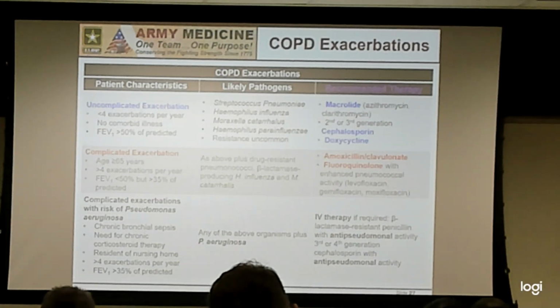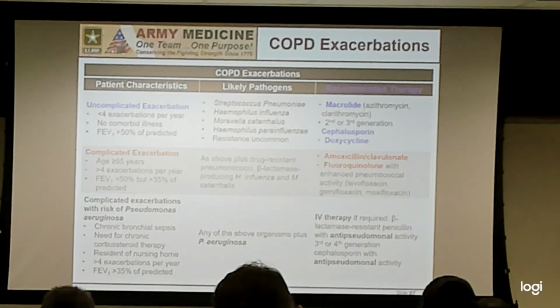Uncomplicated, again, less than 4. They're otherwise kind of healthy. You don't need to be too concerned with the actual FEV. It's not something I'm going to give you on a test, but it is part of the way that we make this clinical decision.